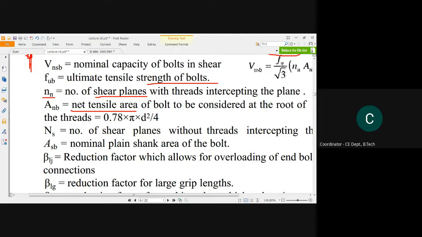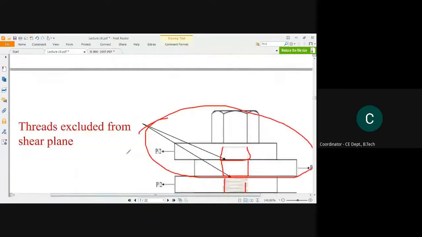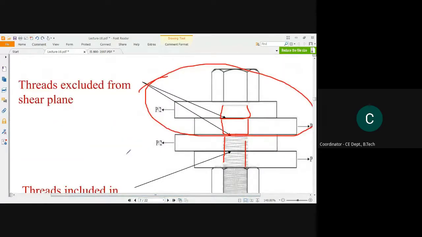The net tensile area means the reduced tensile area, meaning what we are actually considering while designing or considering the strength of a bolt. Net tensile area of bolt to be considered at root of the thread. See here why this net and gross scenario is coming.